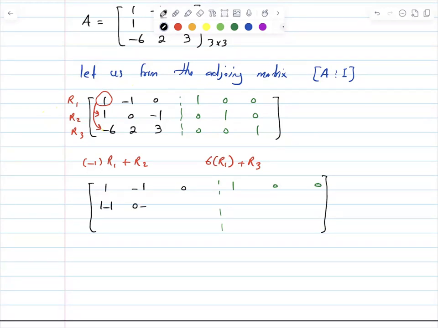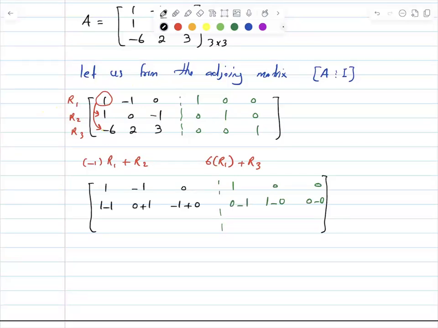I have 0 plus 1. And I have -1 plus 0. Then I have 0 plus -1. And then I have 1 minus 0 or plus 0. And then you have 0 minus 0.